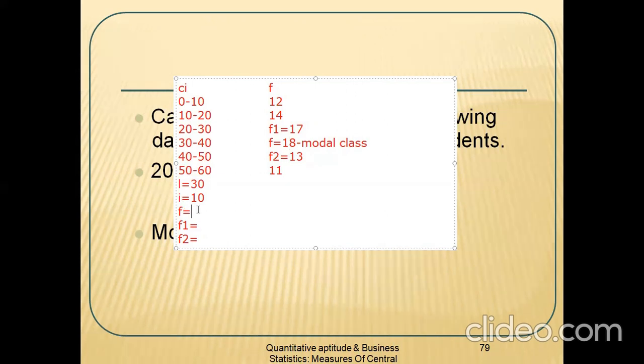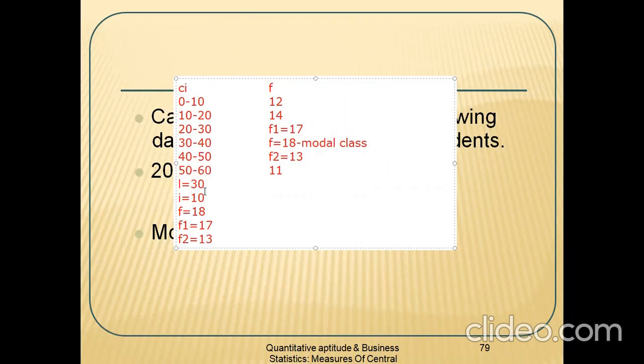Now F, the frequency of the modal class, is 18, and F1 is 17. Some people use F0 and so on. You can do it that way also, that is fine, but all the formulas are similar. Just the canonical representation is a bit different. So F2 is 13.